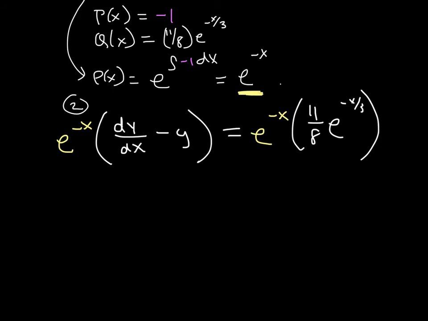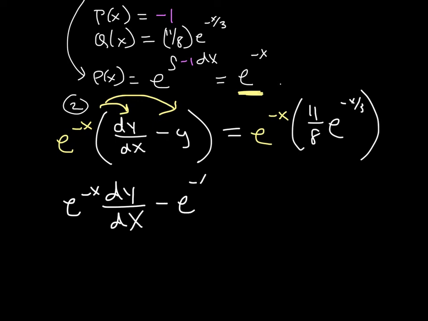If we multiply this function inside, just the distributive property, we obtain e to the negative x dy dx minus e to the negative x times y equals 11/8.